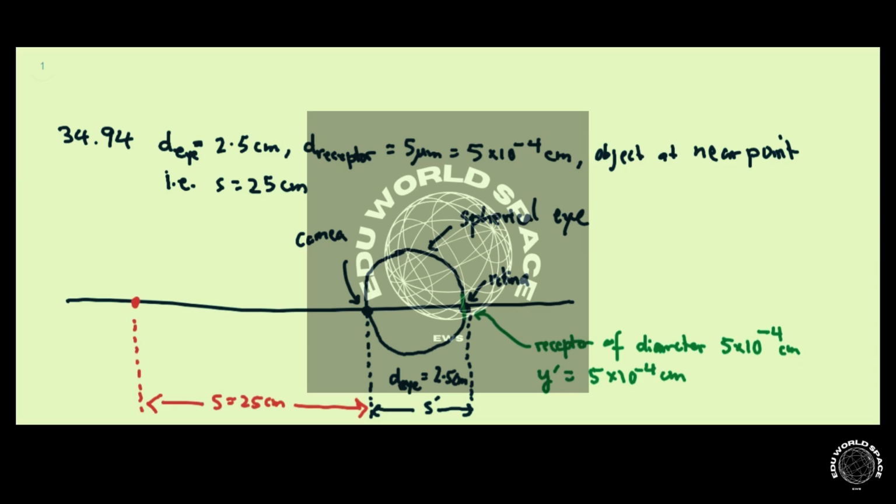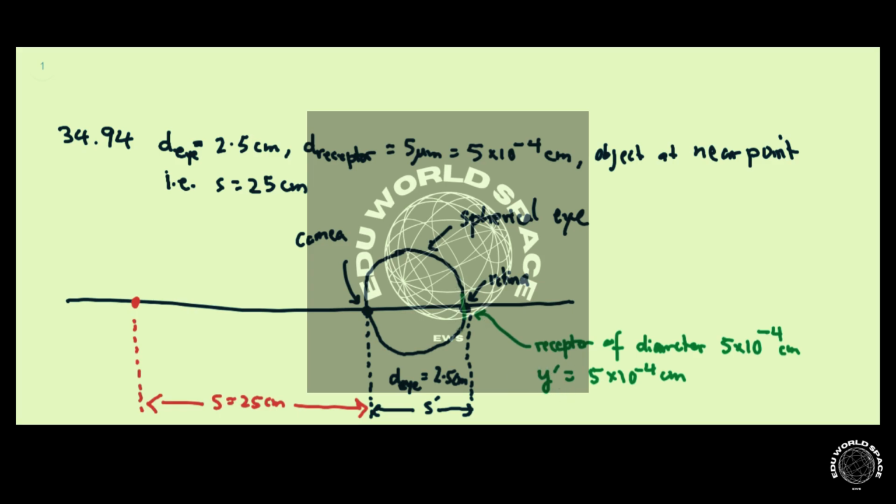What this means is that the height of these receptor cells is 5 microns, because that's a diameter, right? Anywhere you measure it from one end to the other, you'll get 5 microns. So that gives us our y prime, right?